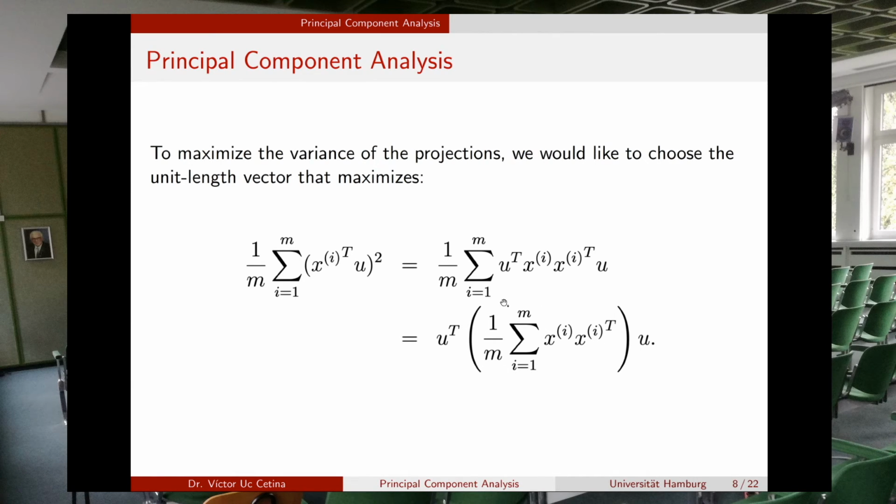And this expression here is exactly the computation of the eigenvector. If we find some u that maximizes this expression, at that moment we have found the main component of the covariance matrix.